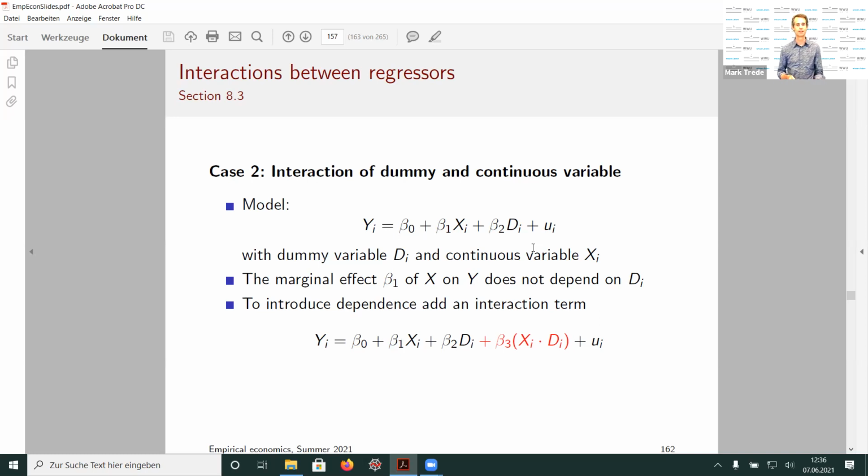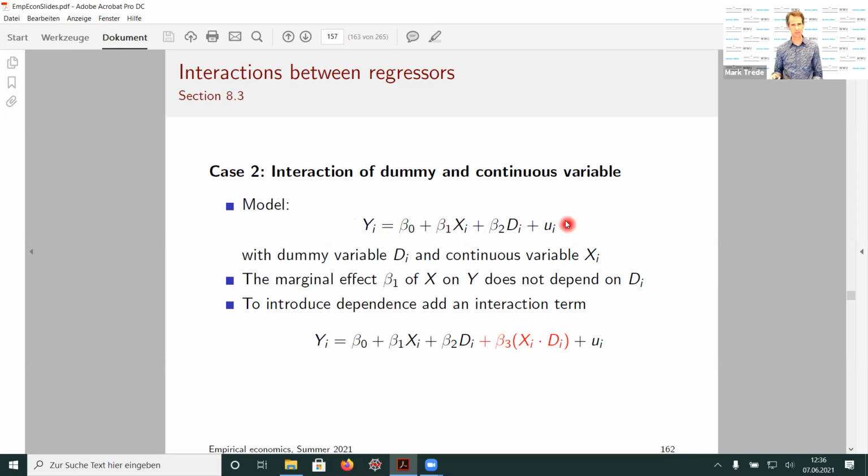it's not the case. So let's continue with case 2, the interaction of dummy variables and a continuous variable. So we have one dummy variable and one continuous variable. The classical model would be this one here, the case without interactions: intercept, the continuous variable, the dummy variable, and the error term.